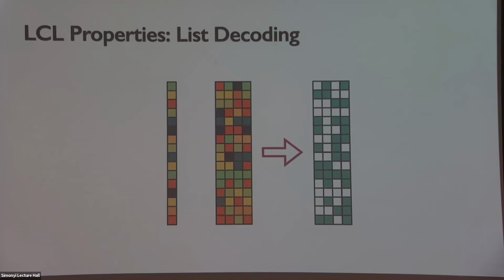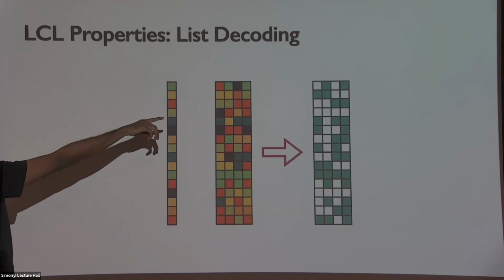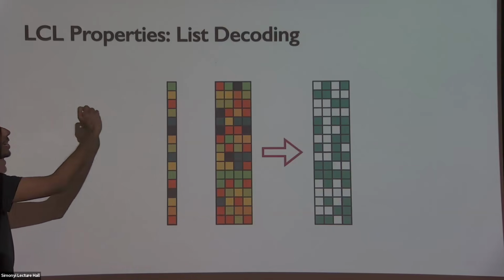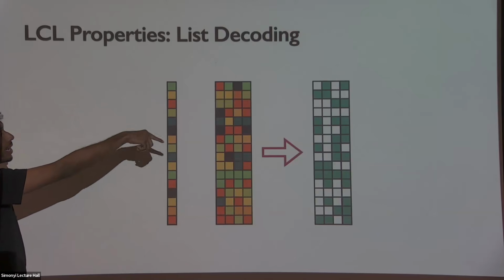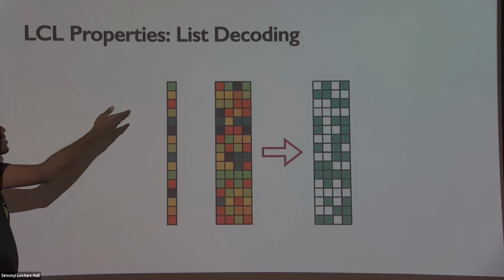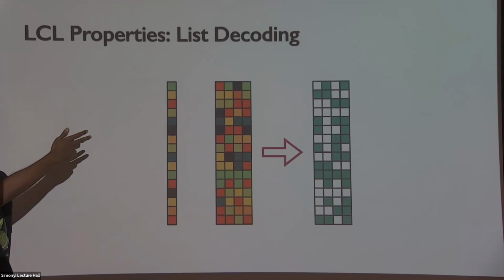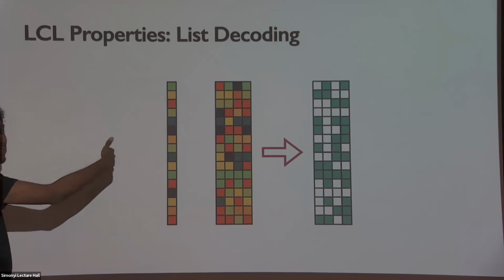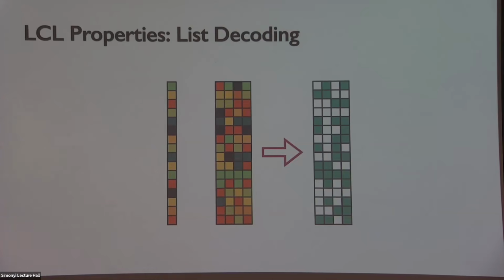Now let's look at this. If we look at the first coordinate, and it says that the second and the fourth vector agree with y at the first coordinate, then that means they're also agreeing with each other on the first coordinate. And so on, for every coordinate. So I can forget about the center vector y and talk about agreement constraints among the vectors themselves, and agreement constraints on the rows of this matrix.